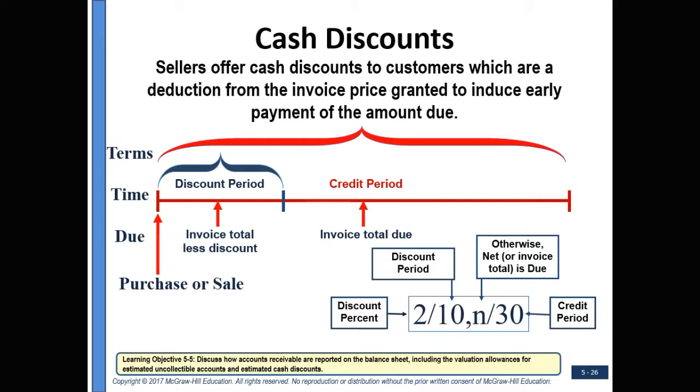The slash would be within the discount period, which is represented in days, within 10 days. The comma represents the word or. N is a representation of the word net, which is the invoice total. Slash within. And then the credit period in days, 30 days.